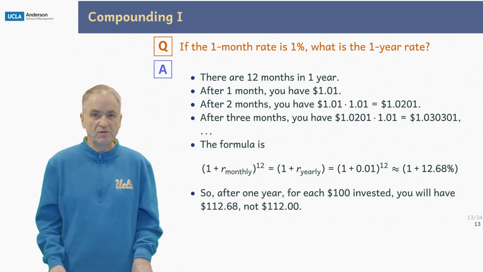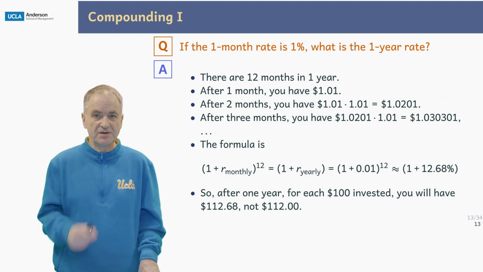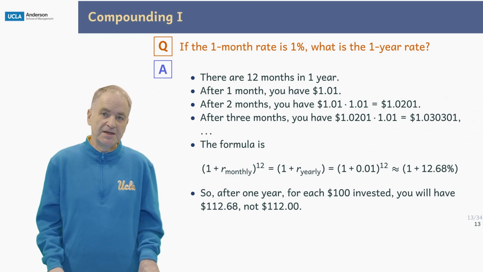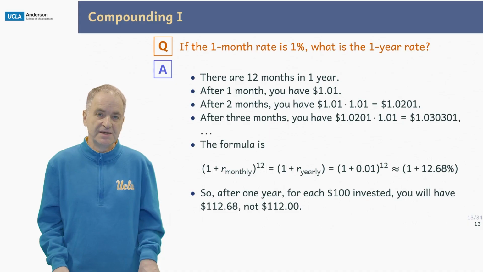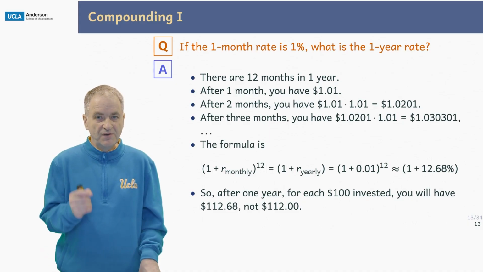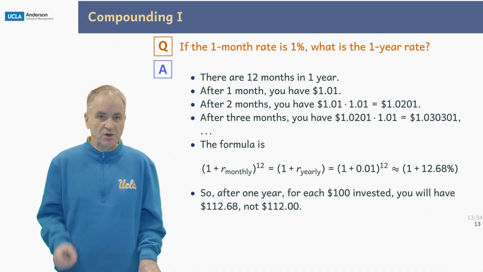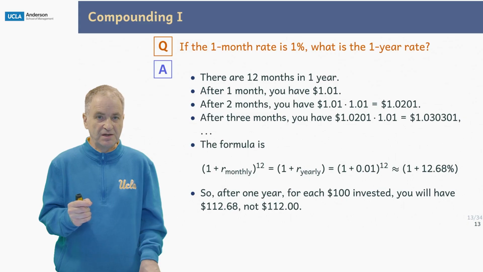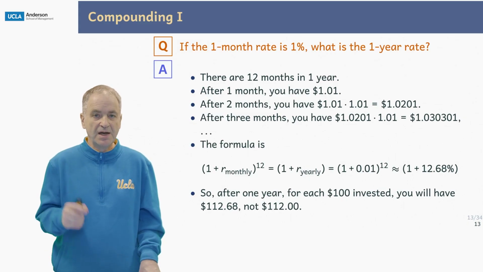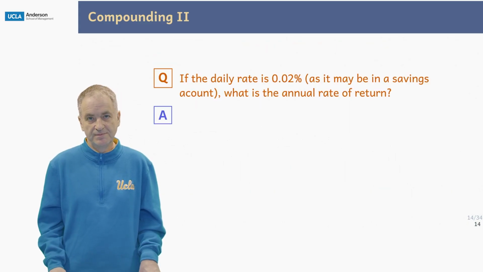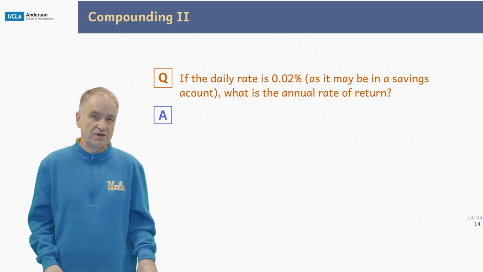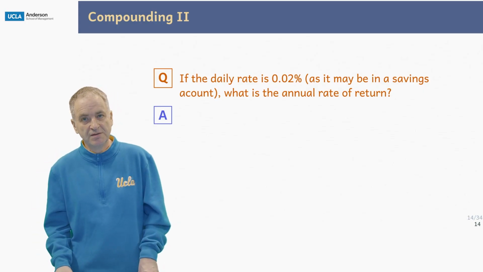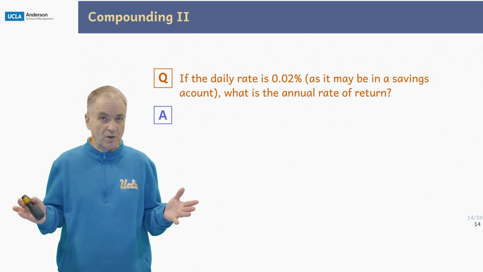After 2 months, you have 1.01 times 1.01, etc. So it turns out it comes to 12.68%. For every $100 invested, you will have $112.68, not $112.